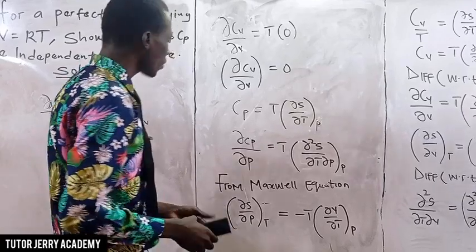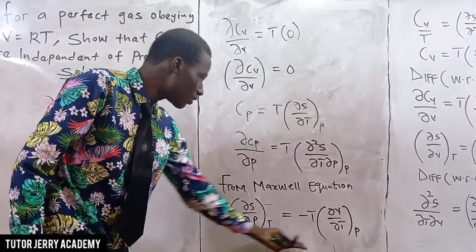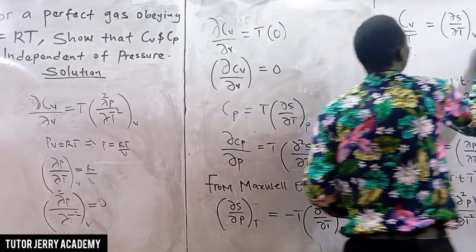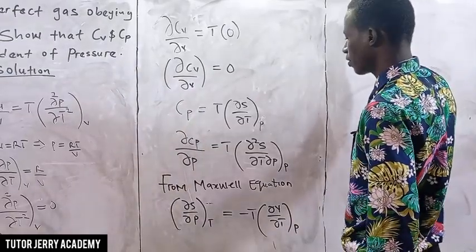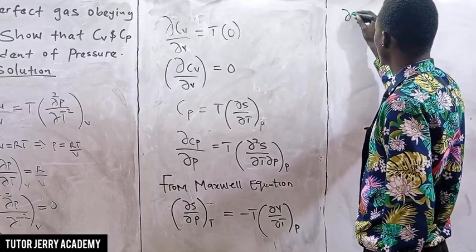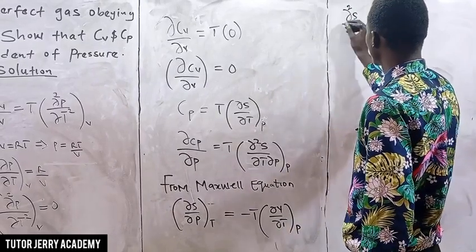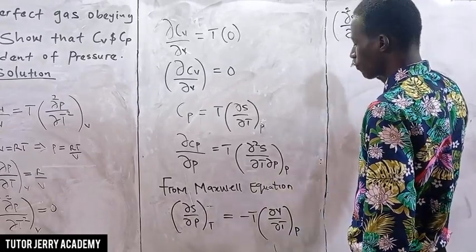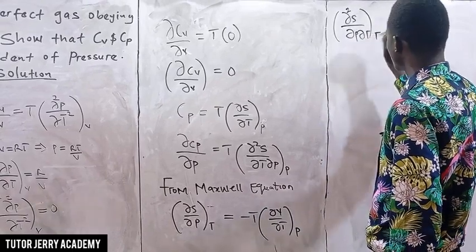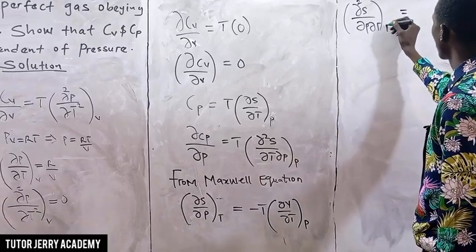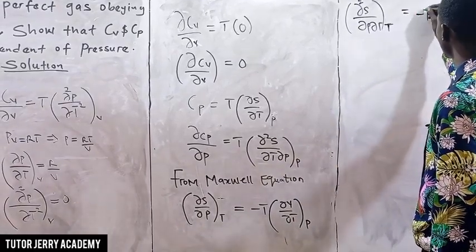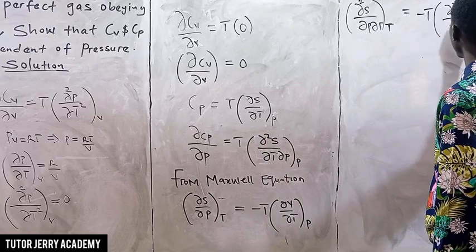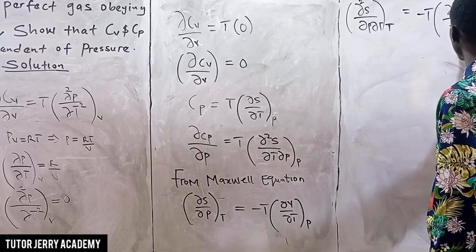So next, we are going to be differentiating this Maxwell equation with respect to T. With respect to T, we are going to have the partial derivative squared of S all over the partial derivative of P multiplied by the partial derivative of T, keeping T constant, to be equal to minus T into the partial derivative squared of V all over the partial derivative of T squared, keeping P constant.